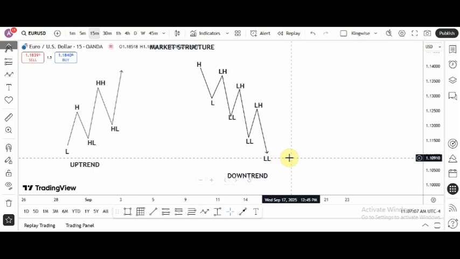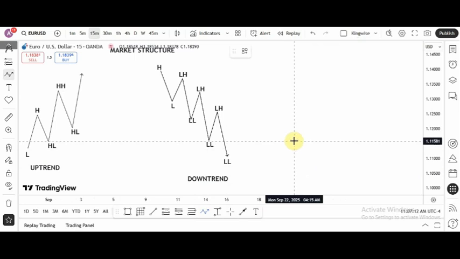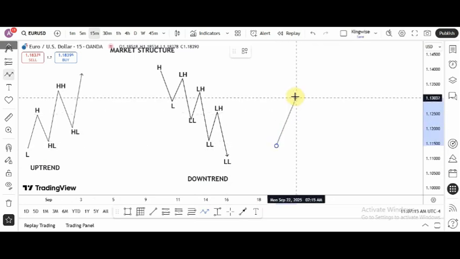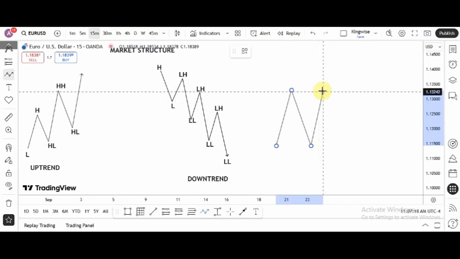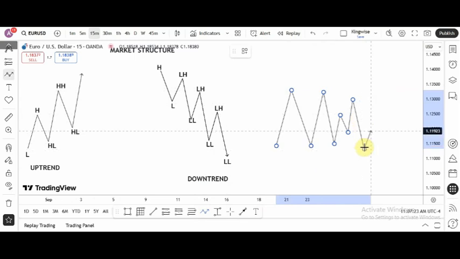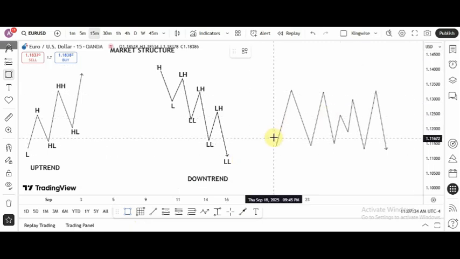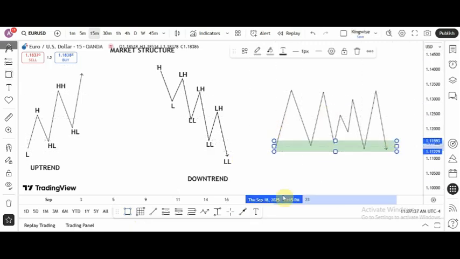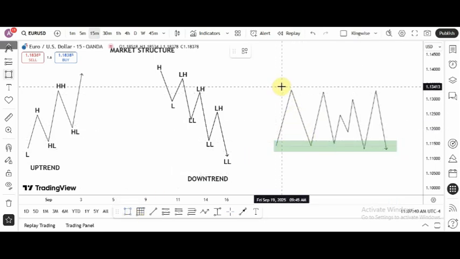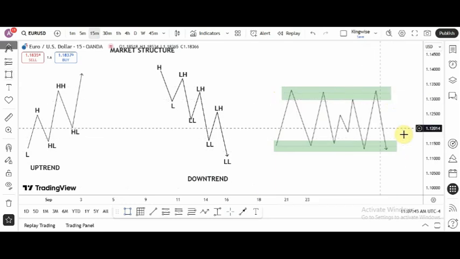Market can either move to the upside or move to the downside, or market can do something like range: move up, come down, move up, come down, not breaking any structure. So when you see market moving in a sideways direction between a kind of support, we call this support because it is supporting price to push to the other side, and we call this resistance because it is resisting price from pushing to the upside.